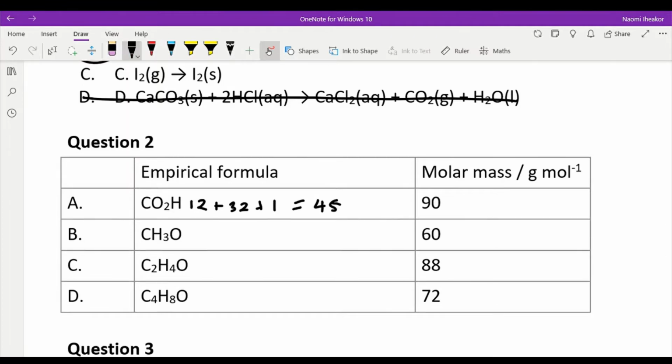If we have a look at B, it's going to be 12 plus 3 plus 16. That's going to give us a value of 30. It's not equal. Let's have a look at C. We've got 24 plus 4 plus 16. That gives us 44. So that's not right.